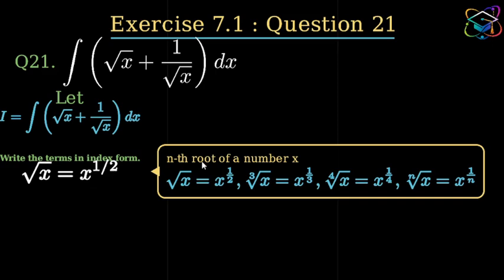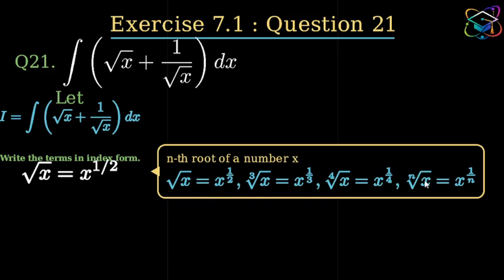Now let's see the definition. Nth root of number x can be given by x raised to 1 upon n. So if n is 2, then I can write here x raised to half. Under root of x is equal to x raised to half.